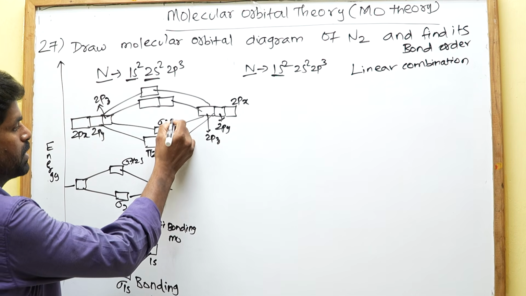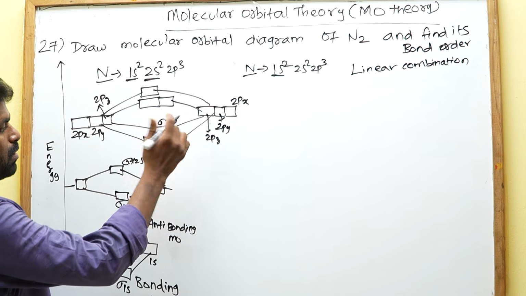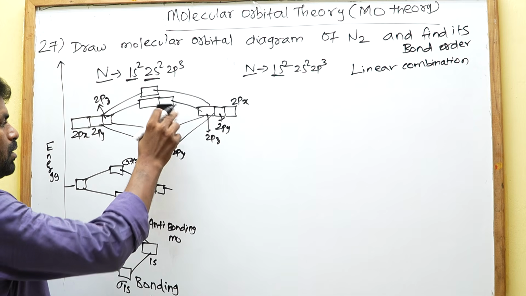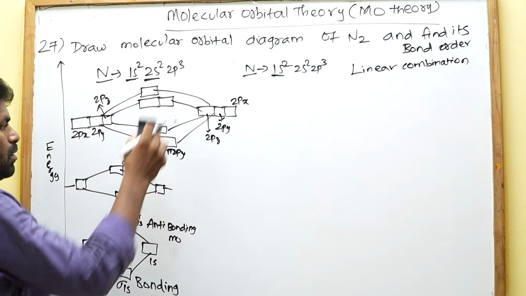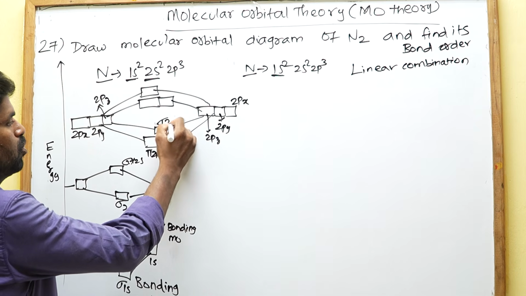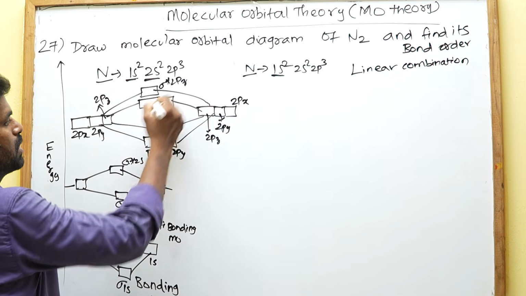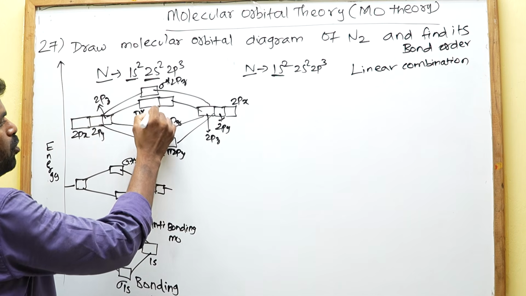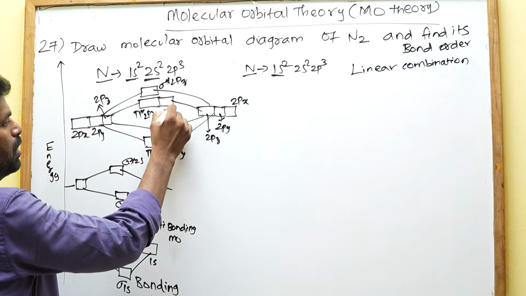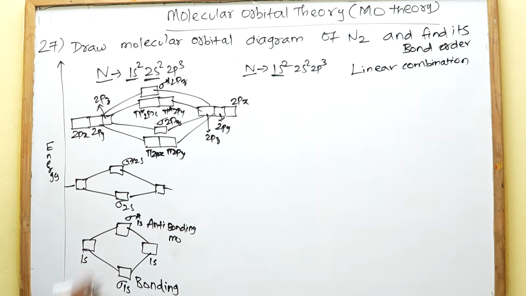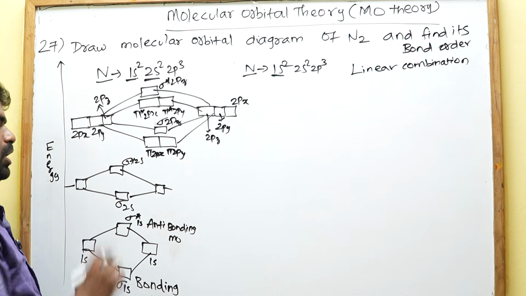Here sigma 2pz. Similarly, sigma star 2pz, pi star 2px, pi star 2py. So we have designated all the molecular orbitals corresponding to their bonding level and anti-bonding level.